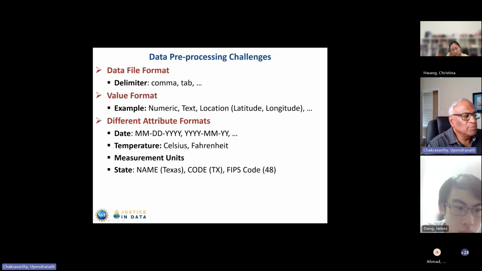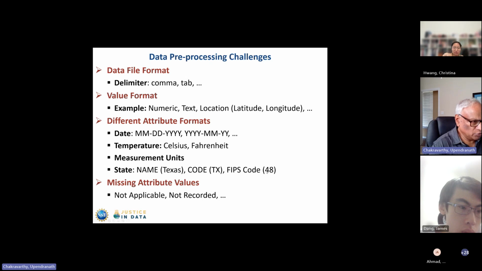In some places, the date is in this format; in some other locations, it is in this format. Temperature may be in two different units. Measurement units and names may be different. Some places it is like this, some places like this. So this is the code that is used. Also missing attributes that may not be applicable or may not be recorded.